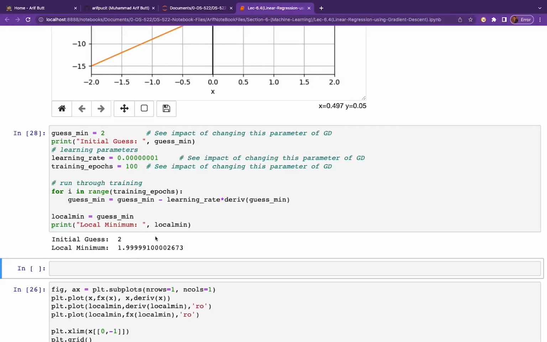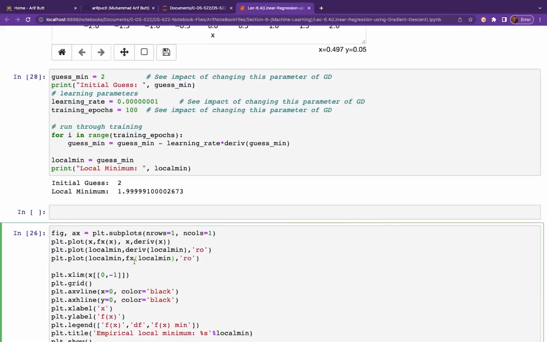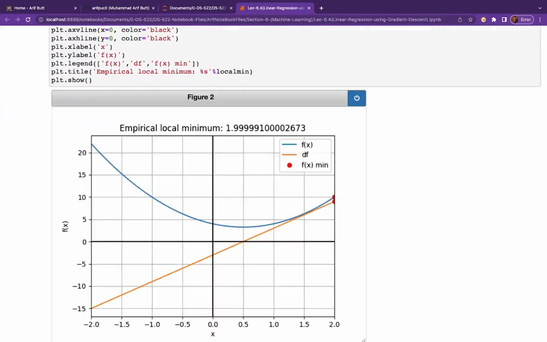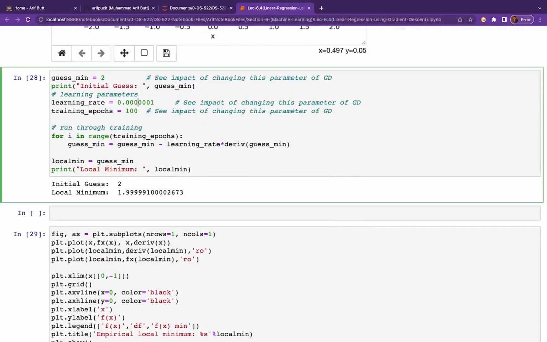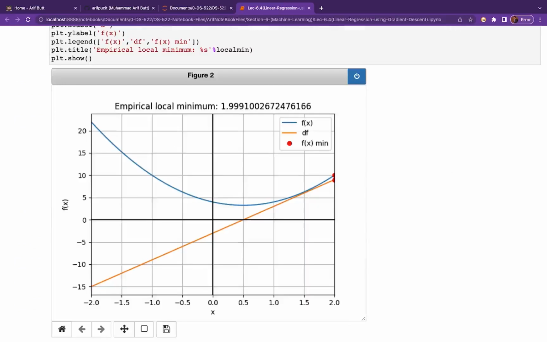Let's execute the next code to visualize it on the graph. So you see this is the place where we have our dots. So we started from location 2 and we have just moved a little bit. Let me make it a reasonably small number and do it again.